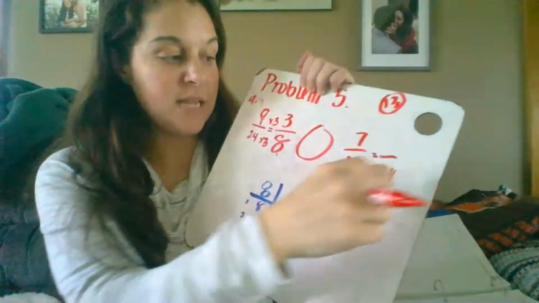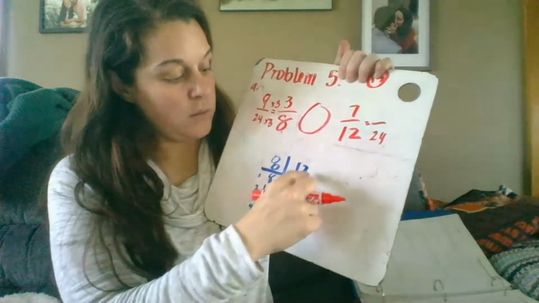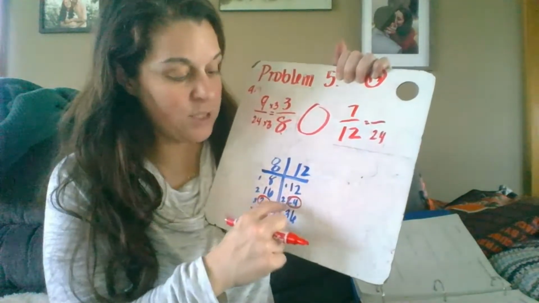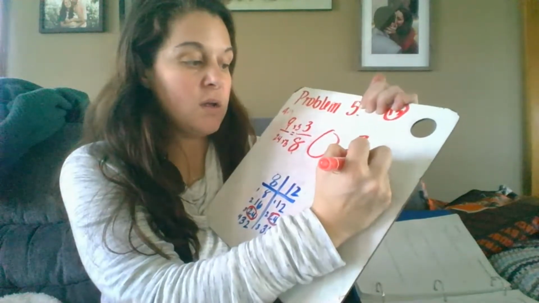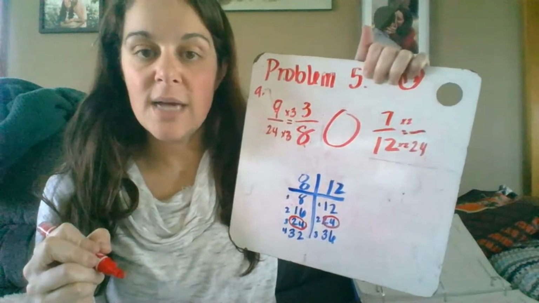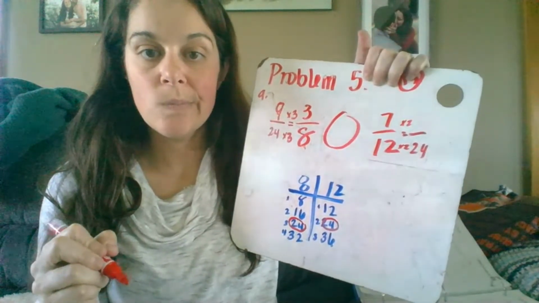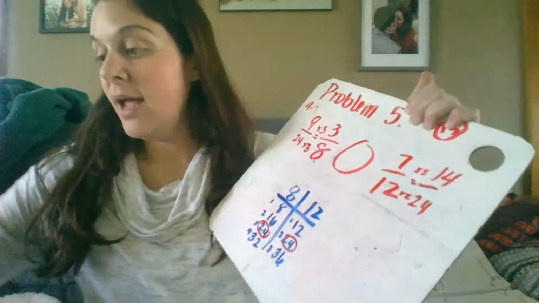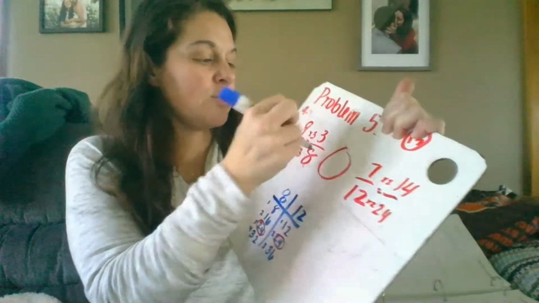Now I have to do the same thing for 12. 12 times what number gave me 24? 12 times 2 jumps gave me 24. What I do to the denominator, I do to the numerator. 7 times 2, 14. So now my new fractions that I'm comparing, and this is important, so don't get confused.